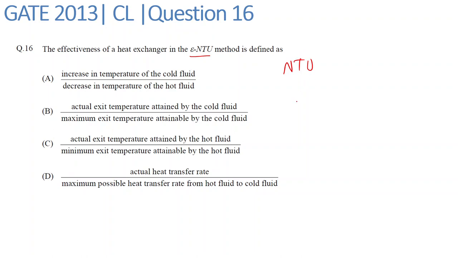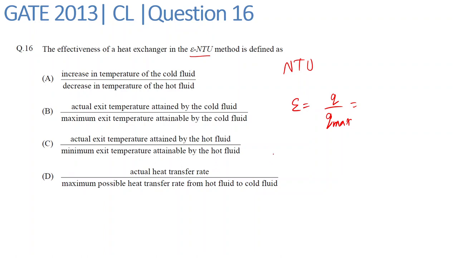So basically in that method we define heat exchanger effectiveness as Q upon Q max, where Q is the actual heat transfer rate and Q max is the maximum possible heat transfer rate from the hot fluid to cold fluid.